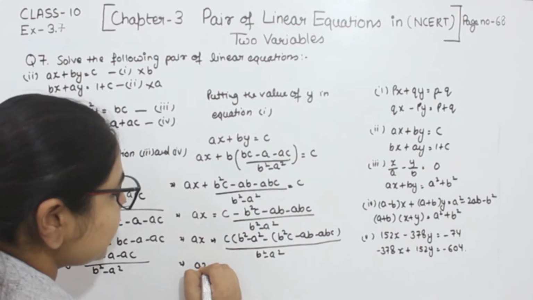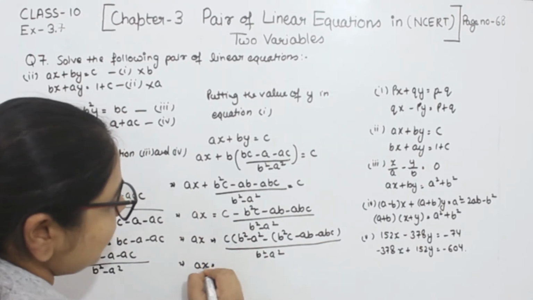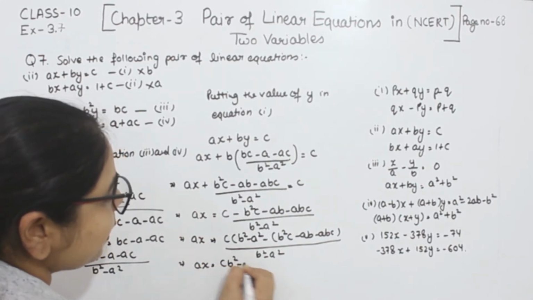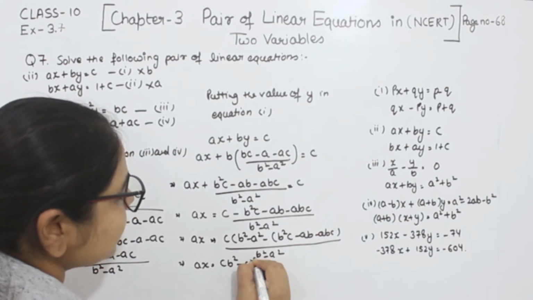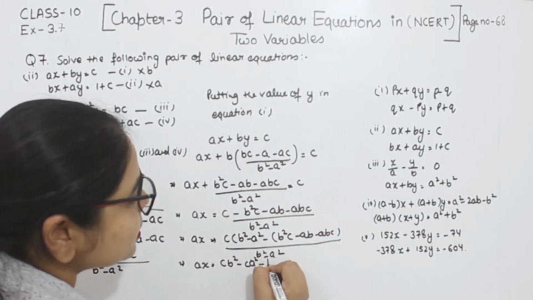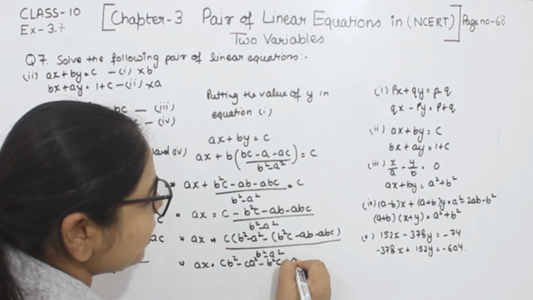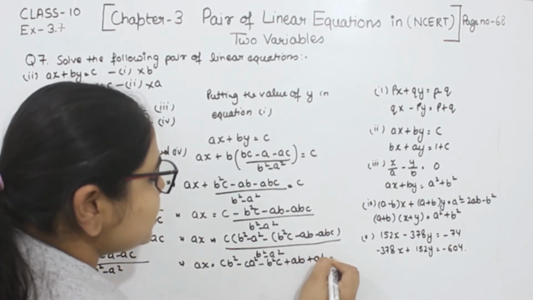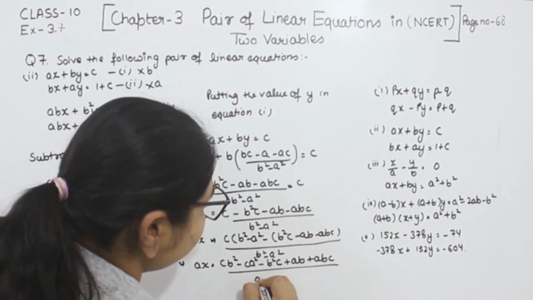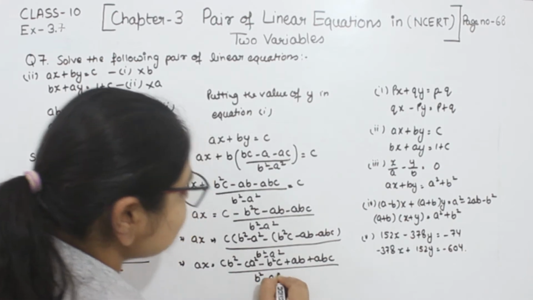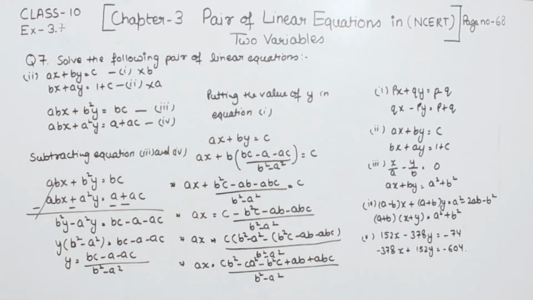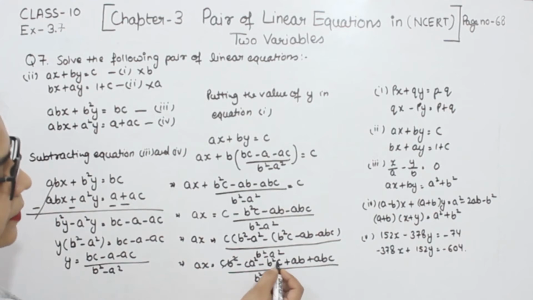Now we can write this as ax is equal to cb square minus ca square, minus b square c, plus ab and plus abc, divided by b square minus a square. Now I'm going to solve this. Here we have b square c, and here we also have b square c, so this is cancelled.